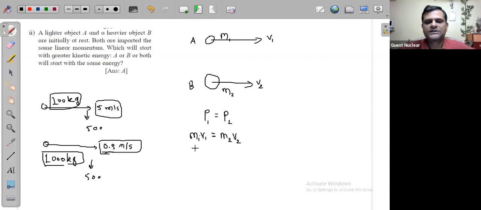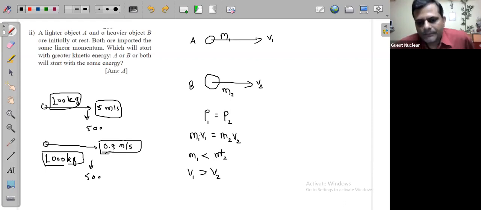So since m1 is less than m2 but the product has to be the same, v1 has to be greater than v2. Can you understand this? Because the product has to be the same. The product of m1 and v1 must be the same as the product of m2 and v2, and this is possible only when, if m1 is already less than m2, v1 is greater than v2. Then and only then can the momentum be equal.